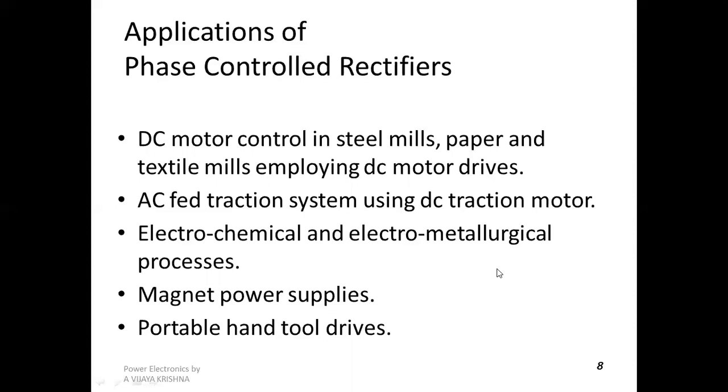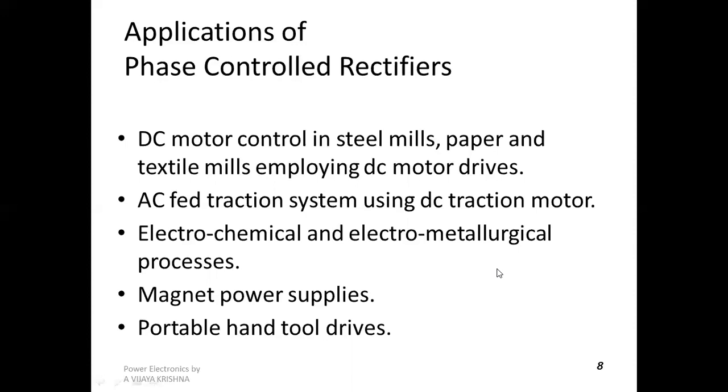Presently, phase-controlled AC to DC converters employing thyristors are extensively used for changing constant AC input voltage to controlled DC output voltage. In industry where there is provision for modernization, mercury arc rectifiers and thyratrons are being replaced by thyristors. In earlier days they used mercury arc rectifiers, which are heavy in size and have very low power capacity.